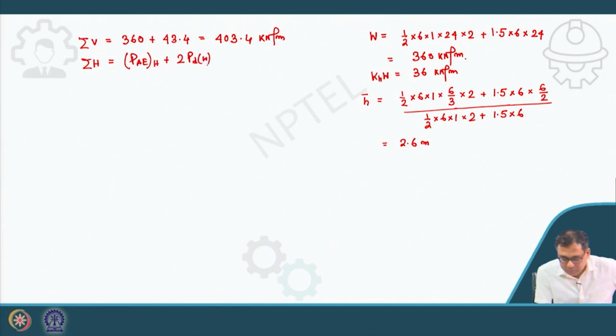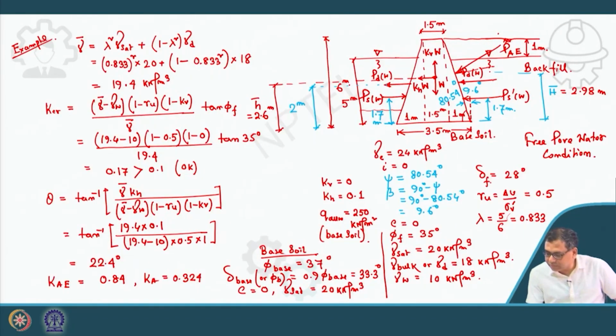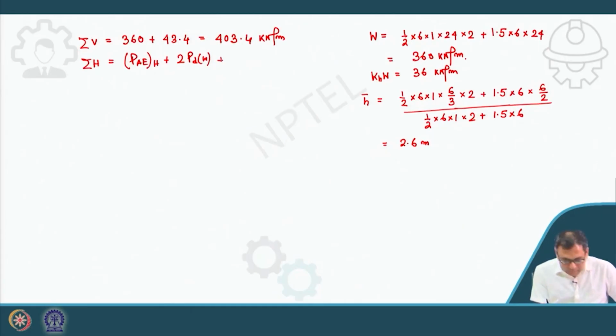Now the total horizontal component. That will be the horizontal component of PAE plus the two dynamic forces, PDW and PSW. But PSW will act in the other direction, so you have to subtract that.